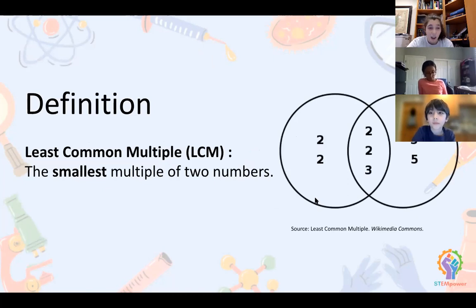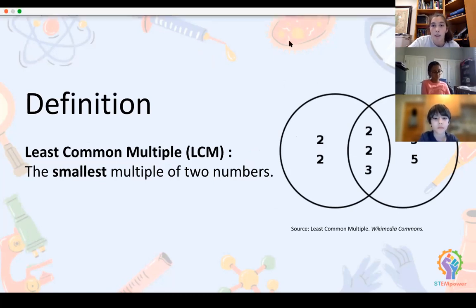And the least common multiples are the smallest multiples of two numbers. So it's the very opposite of what we just learned. Instead of the greatest number that they have in common, it's the least number that they have in common. So the smallest number that they have in common.